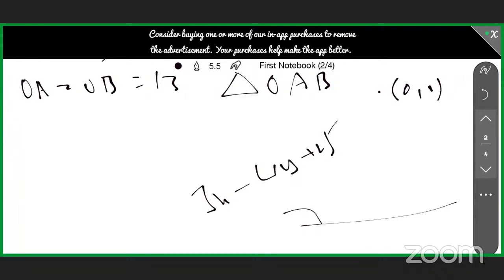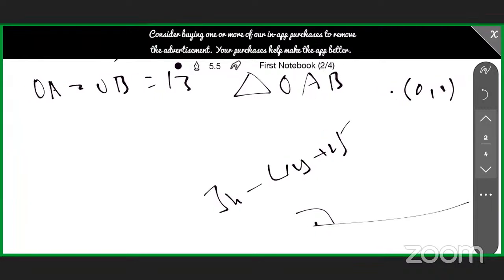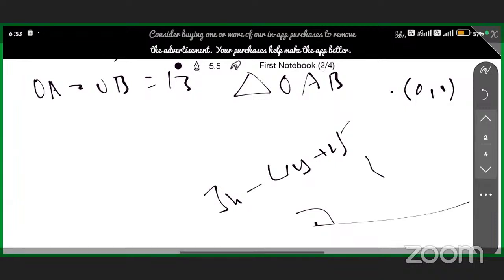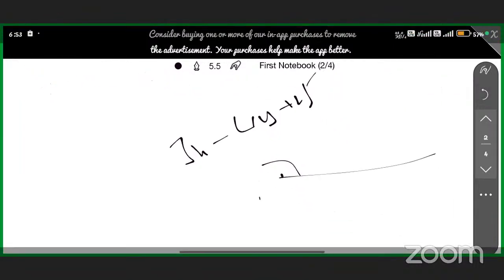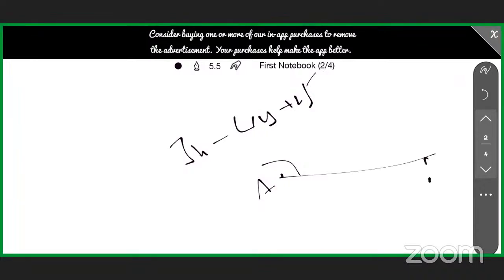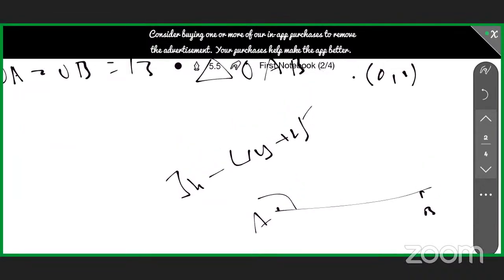And this line has two points. Let us take these two points, somewhere here as A, and somewhere here as B. Now this is making a triangle, O, A, B. This triangle's area I have to find out.